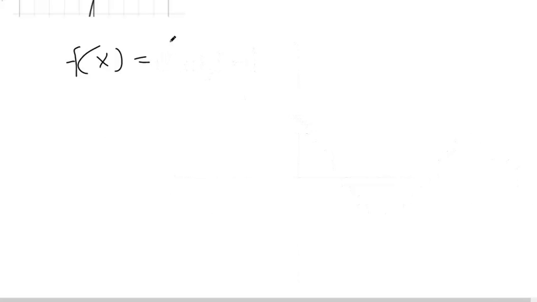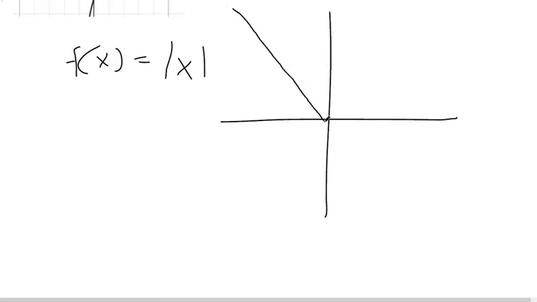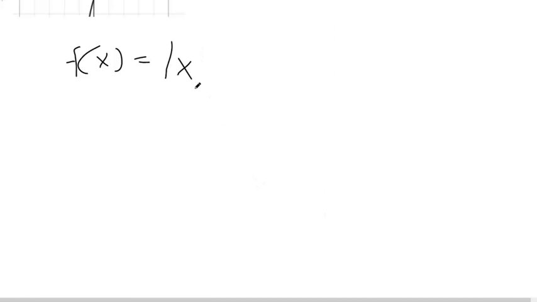Then we have the absolute value function. The graph looks like this. Okay? So we just want to get a basic idea of what these graphs look like. We have the step function, the integer function. And all this notation is saying is whatever you plug in, you round down.